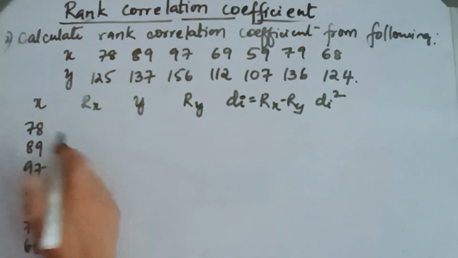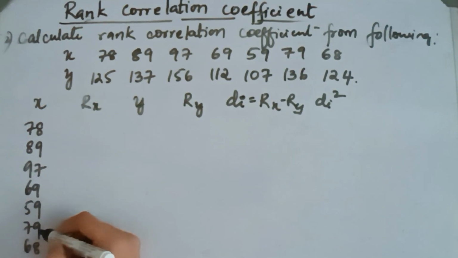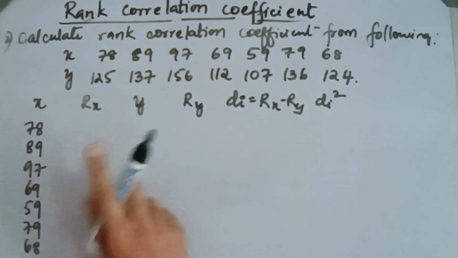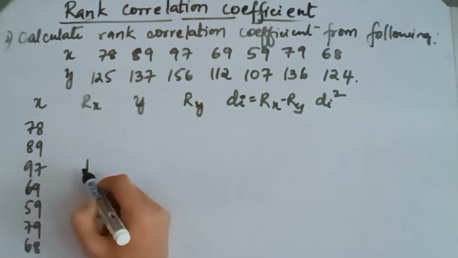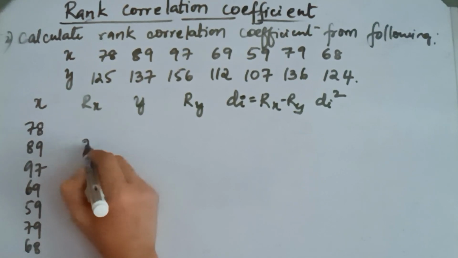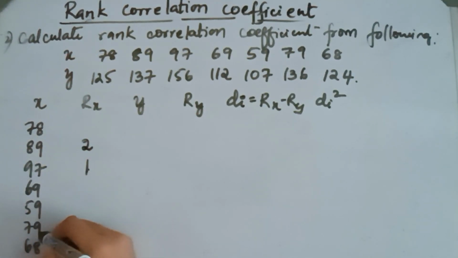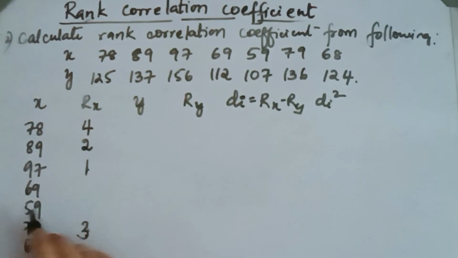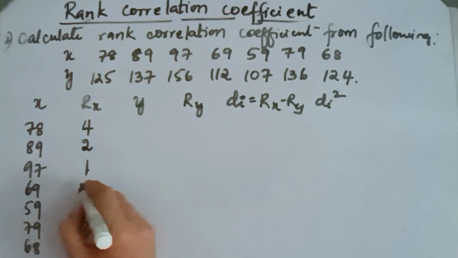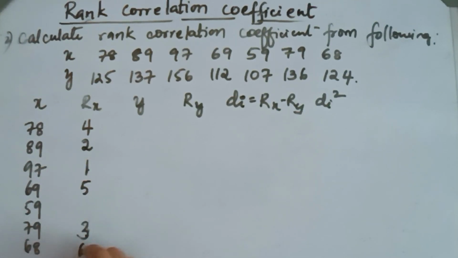So for rx, the highest value will be ranked as 1. Out of all these, the highest value is 97, so this has the rank 1. Then 89 is 2, then 79 is 3, then 78 is 4, then 69 is 5, 68 is 6, and this value is 7.